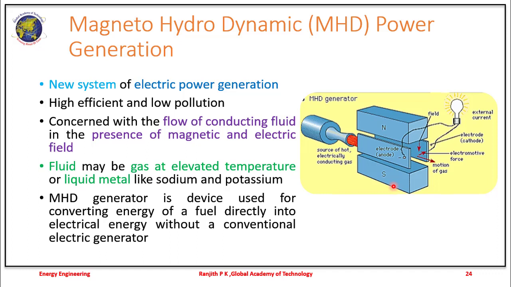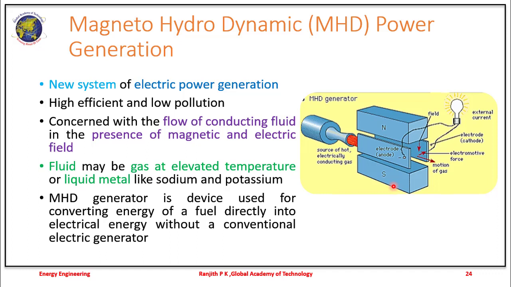There is a fluid which flows, and this fluid is very conducting in nature, and this fluid is made to flow in the presence of a magnetic and electric field. This fluid could be usually either gas, which is at elevated temperature, or liquid metal, for example sodium or potassium. The device which converts this power is called an MHD generator.